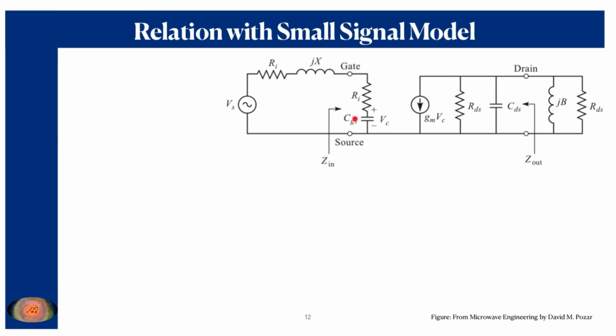Now, in addition to this CGS, where CGS is the gate to source capacitor, and where this CDS is the drain to source capacitor, there exists another capacitor between the gate and drain. But here that capacitor is absent.